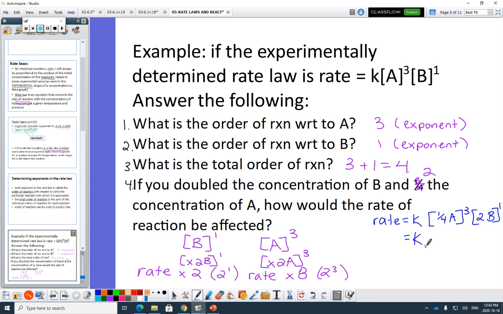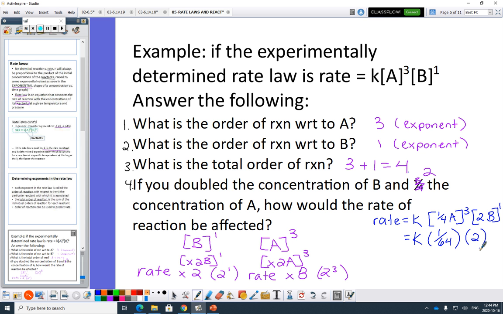I'm going to leave it as a fraction, okay? So 1 over 64 times 2, basically. So again, when you decrease the concentration, it has a huge impact on the rate.